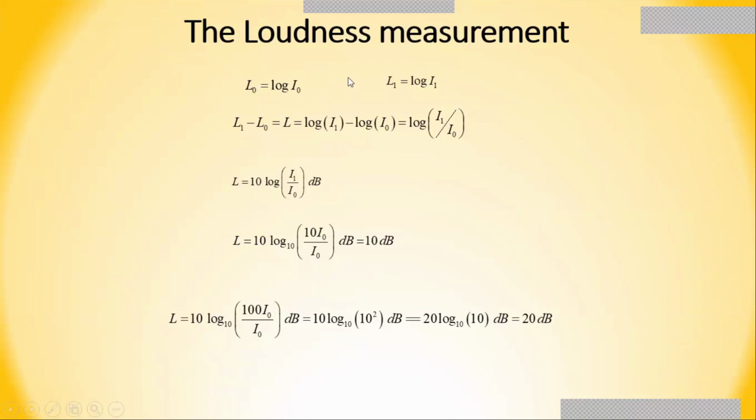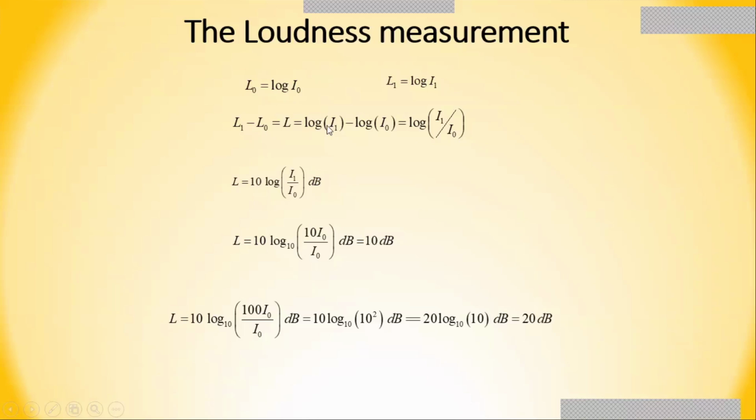So this is my reference loudness and this is the loudness that I want to measure, the loudness of the sound produced by some other source. If I take the difference, L1 minus L0, let it be L. So I can write log I1 minus log I0, which can be written as log I1 upon I0.